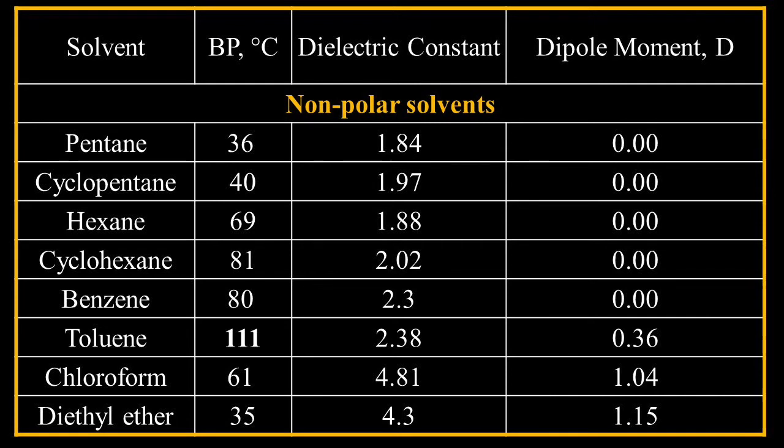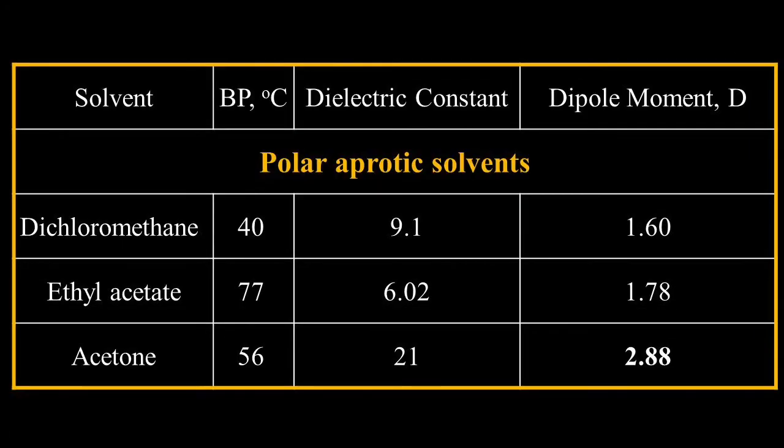So here are some nonpolar solvents, and you can see the dielectric constant is very low, not too far from 1, with very little dipole, if any. Diethyl ether has a little bit because of the oxygen between the two ethyls, or methyls in the case of dimethyl ether.